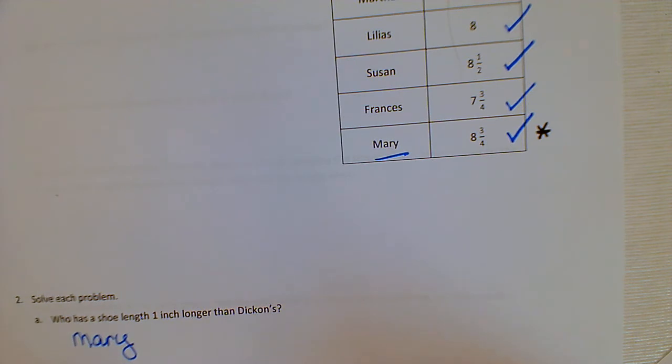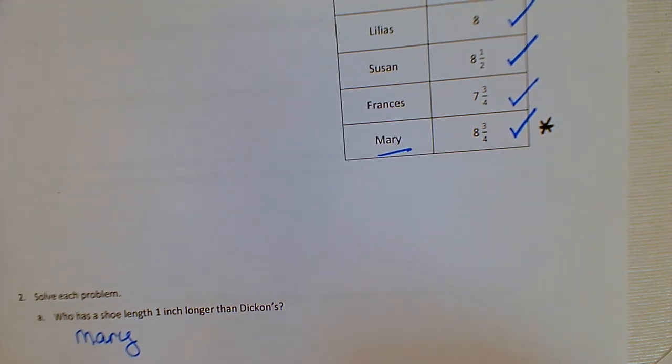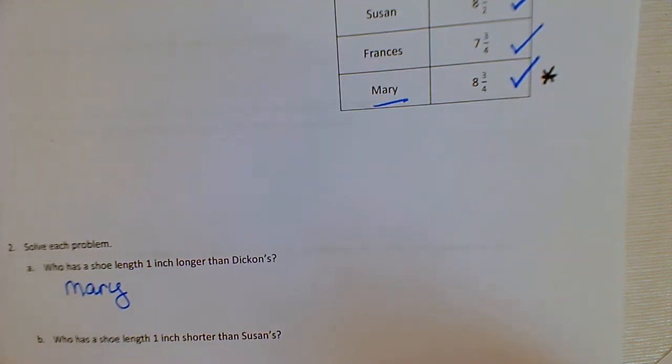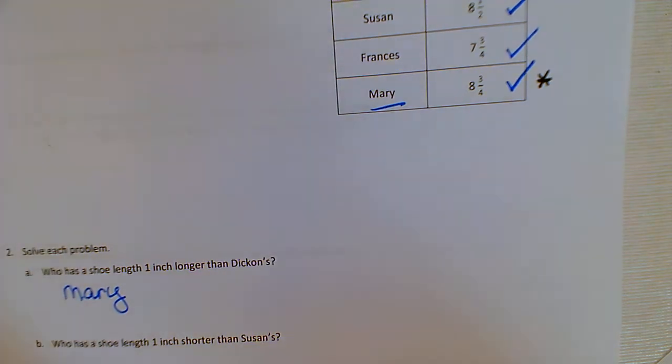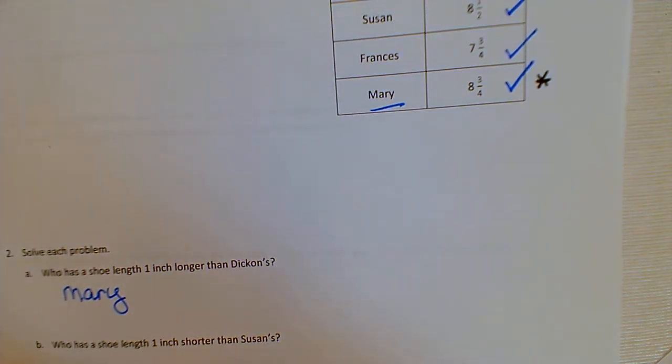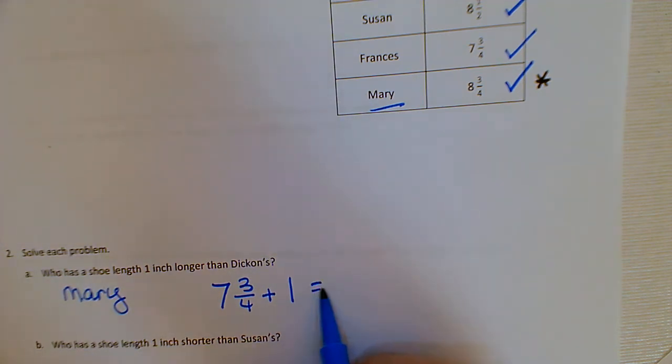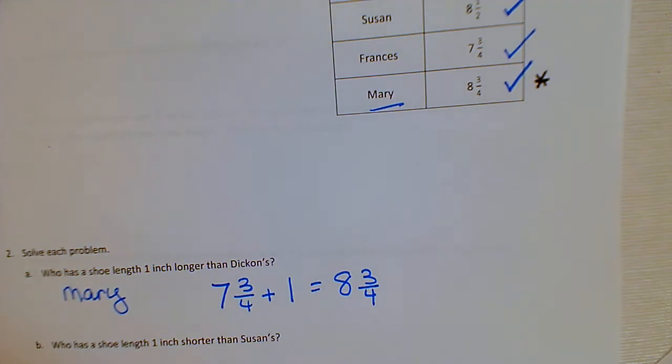Now, we should also show how we got that answer. We shouldn't just write her down. Let's show our work. And so what we could say is that Dickens was 7.75, and then we added 1 onto that. And that's how we ended up with 8.75. And we figured out that Mary was our answer.